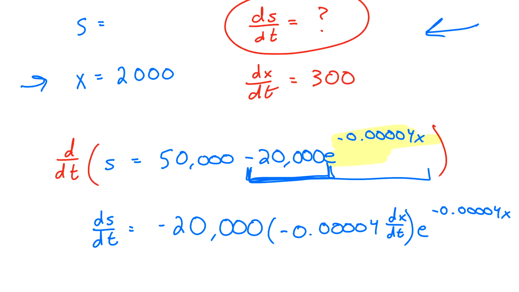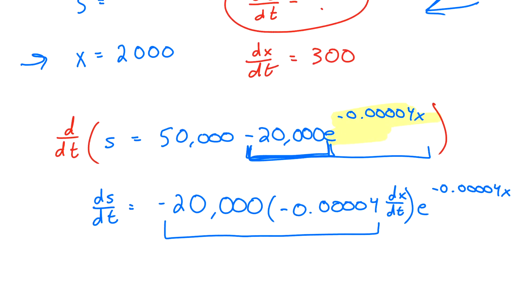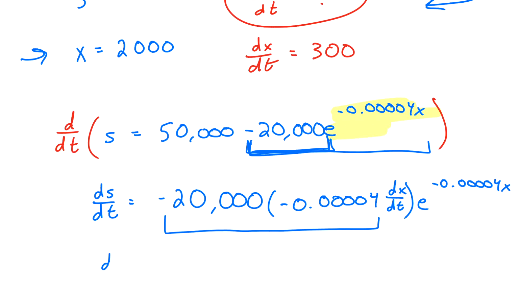I'm going to clean this up just a little bit here. I'm going to take negative 20,000 times negative 0.00004. So let me make sure I'm careful with all of our decimal places. I end up with ds over dt is equal to, in this case, positive 0.8 e, oops, and I forgot my dx over dt.